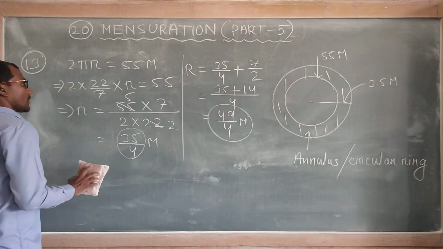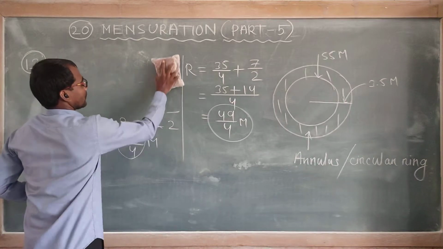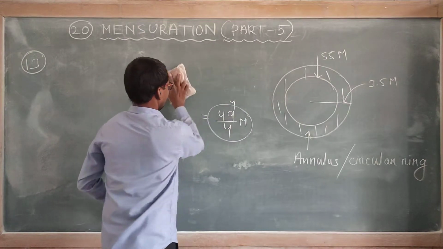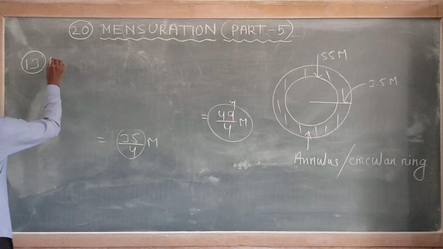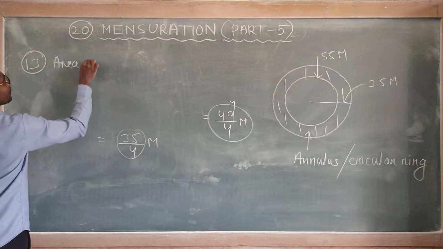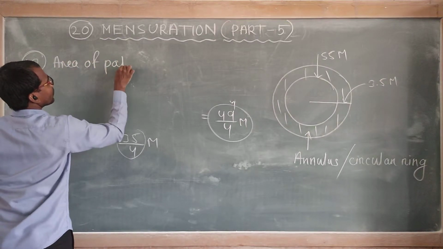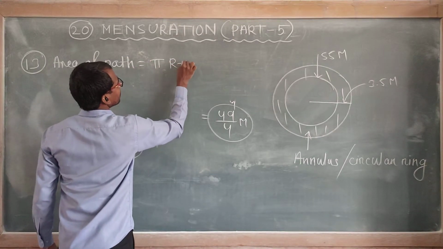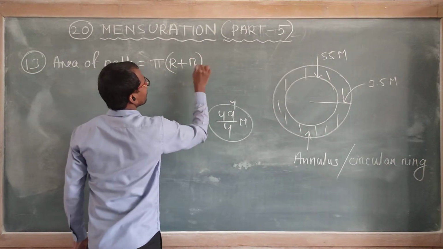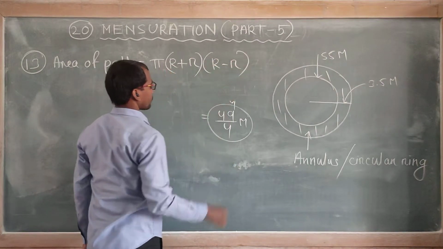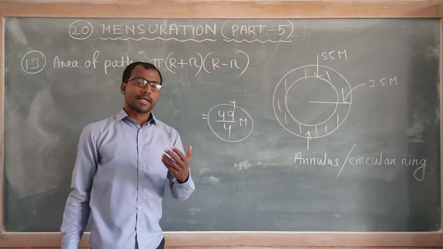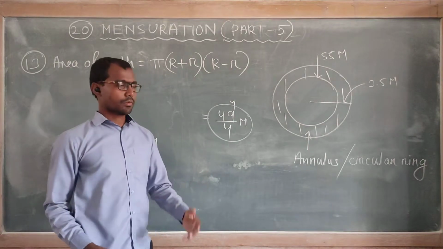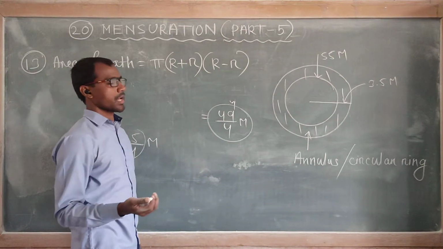So let us go for it. Area of path is equal to pi (R plus r) into (R minus r), or you can use R square minus r square, whichever you are comfortable with. I am comfortable with R plus r into R minus r, so I am using this one.